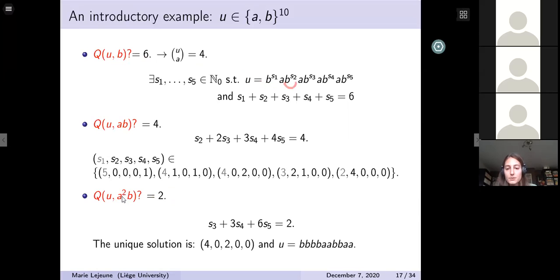These B's and these B's won't contribute to any occurrence of AAB. So these B's will count for one occurrence of AAB. So S3 is here. These B's will contribute to 3 occurrences of AAB. Why 3? Because there are 3 A's before.